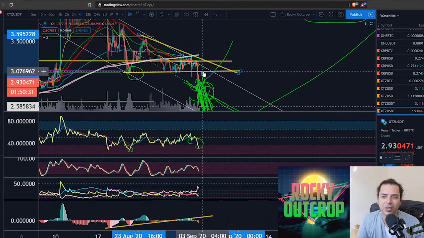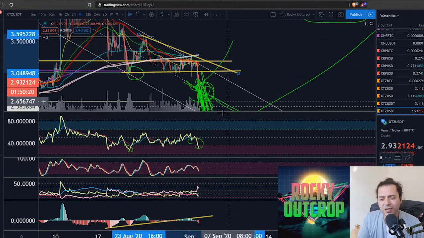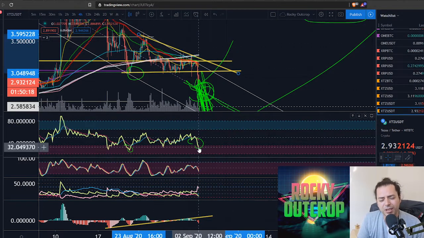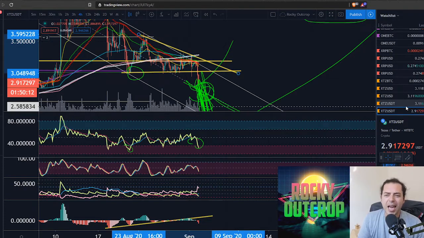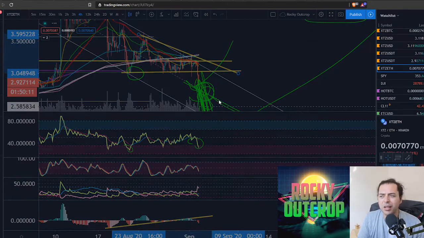That means looking towards $3, just maybe 10 cents up from where we are now, actually, or more, really, maybe 20 cents up from where we are now. So we could break back into this area, which would give you the chance of that happening, and then be able to confirm this as being bullishly divergent. Currently, that's not the case because it's premature, but this is us anticipating it in advance. And I could look at Ethereum. Let's look at Ethereum.